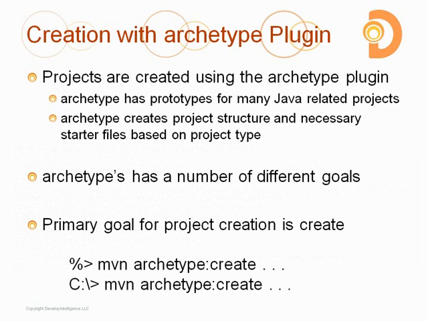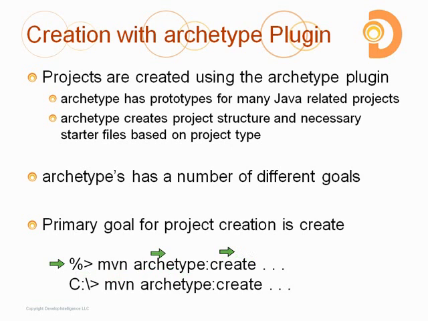So you'll notice the notation for me to invoke the quote-unquote create structure is mvn archetype:create. And again, anytime I see that notation, I'm using a plugin and a plugin's goal. So the plugin is archetype, the goal is create.